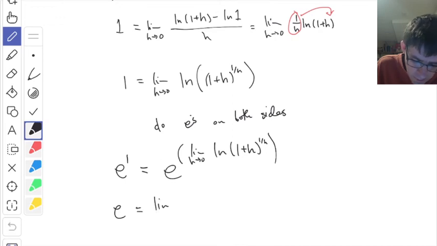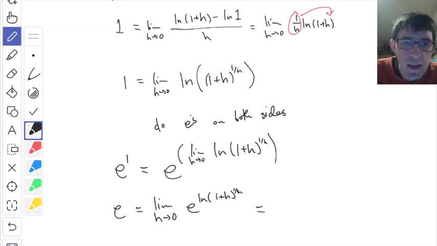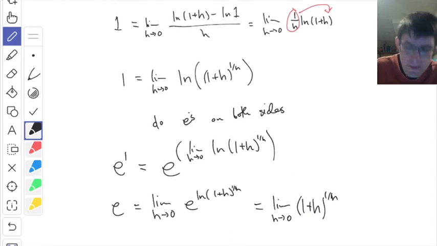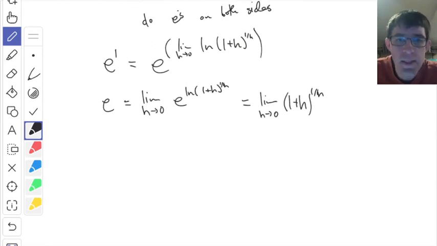On the right, I'm going to move this limit down here because the limit only deals with h's, and the e part outside has nothing to do with h's. e to the power ln of (1 plus h) to the 1 over h. And finally, the e and the ln will sort of cancel because e to the ln of something is equal to just whatever the something is. So this is really the end of what I'm writing here. lim h goes to 0, 1 plus h to the power 1 over h. And this is the description of e as a limit of something.